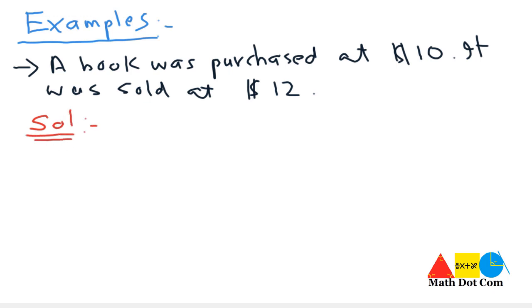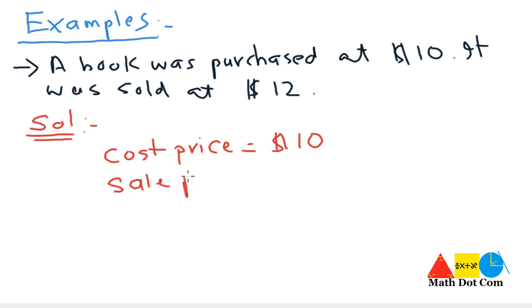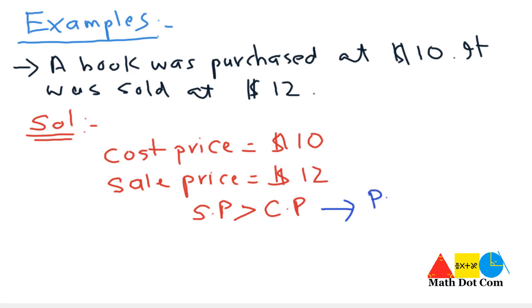Solution: purchased at $10. It means the cost price will be $10. Okay, and it was sold at $12. Sale price will be $12. Now it is clear here that sale price is greater than cost price, and whenever the sale price is greater than cost price, we will have a profit, so we will calculate its profit.